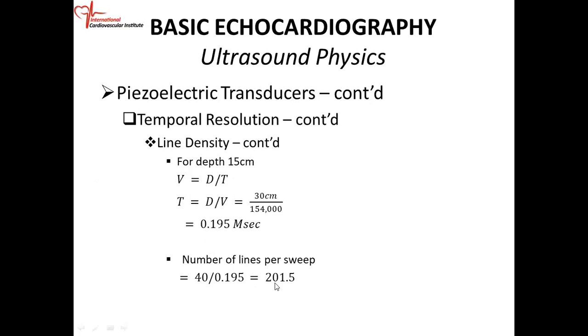So you see you have much more line or much more pulse per frame: 201. So you can increase your line density and temporal resolution by decreasing sweep speed.